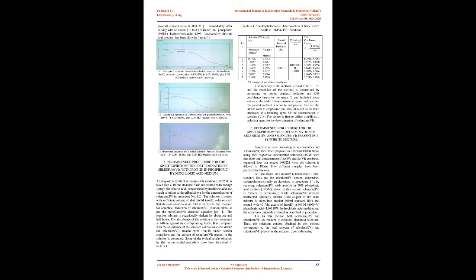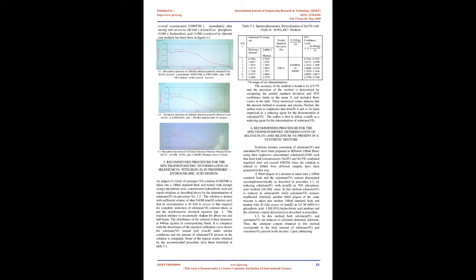To an aliquot, 3-12 ml, of selenium(IV) solution, 0.0025 M, taken into a 100 ml standard flask, the required volumes of syrupy phosphoric and hydrochloric acid solutions are added such that their overall concentrations in 100 ml are about 9.0 M, 60% V/V, and 1.0 M, about 9% V/V, respectively.